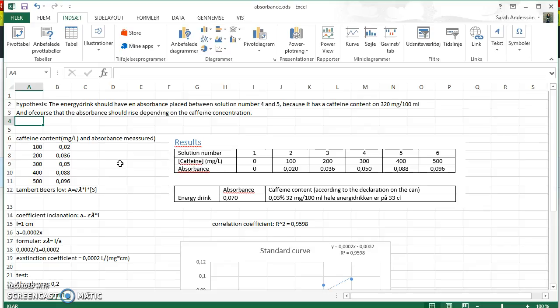We waited a couple of minutes for the reaction to proceed, and then we centrifuged the microtubes for 10 minutes.